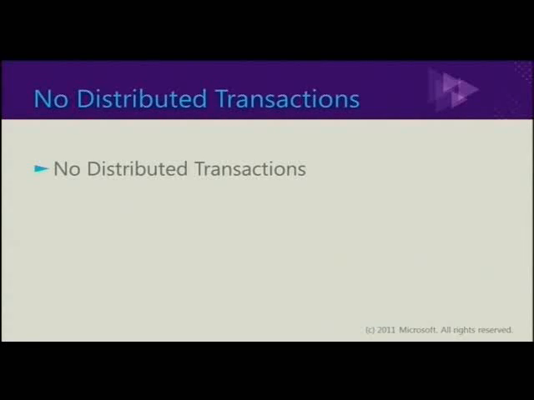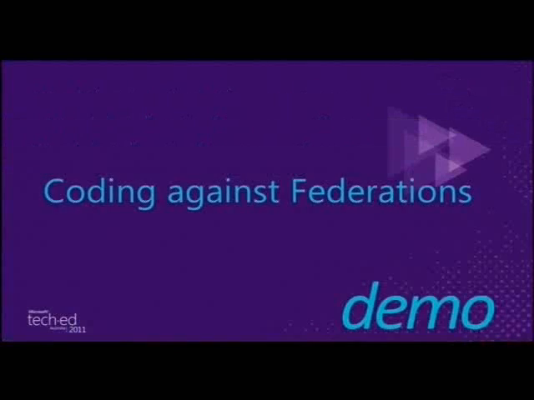So basically, we design our applications so that we have transactions, but transactions don't go any further than the atomic unit, and that's the way you have to think of it. We transactionalize, but we only transactionalize around the atomic unit, around the customer, around the tenant, around whatever it is that we're using as the distribution key for this federation.